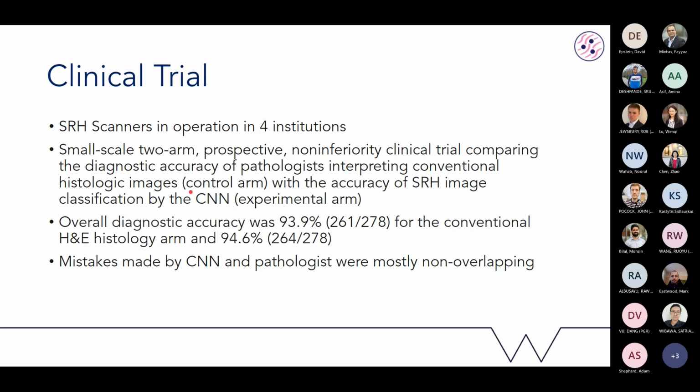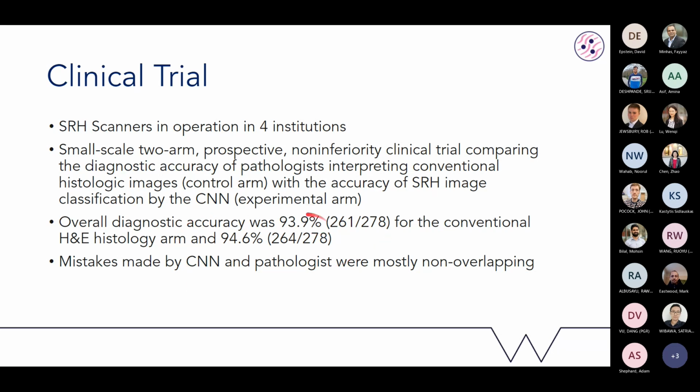And they've done a very small scale clinical trial using this, where they have a bunch of volunteers that have agreed to take part, and their samples during the operative procedure are sent through these 2 different arms: the control arm, which is essentially conventional histological images with a pathologist providing a diagnosis, and this stimulated Raman imaging with a diagnosis by this CNN that they've developed.